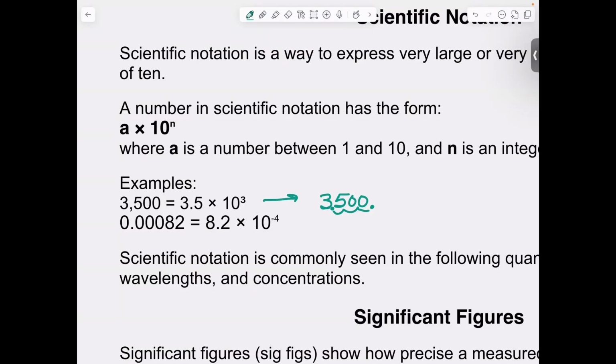When I'm making a larger number into a smaller number, I need to make sure that exponent is positive. And it should make sense, because we're taking 3.5 and making it a larger number. So in the end, we move 3 decimal places to the left.